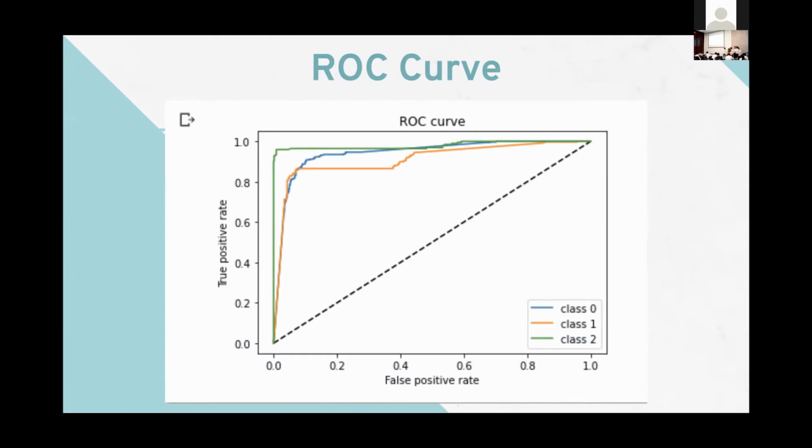ROC is a probability curve, and AUC represents the degree or measure of separability. It basically tells how much the model is capable of distinguishing between classes. The higher the area under the curve, the better the model is at distinguishing between normal, pneumonia, and COVID data.